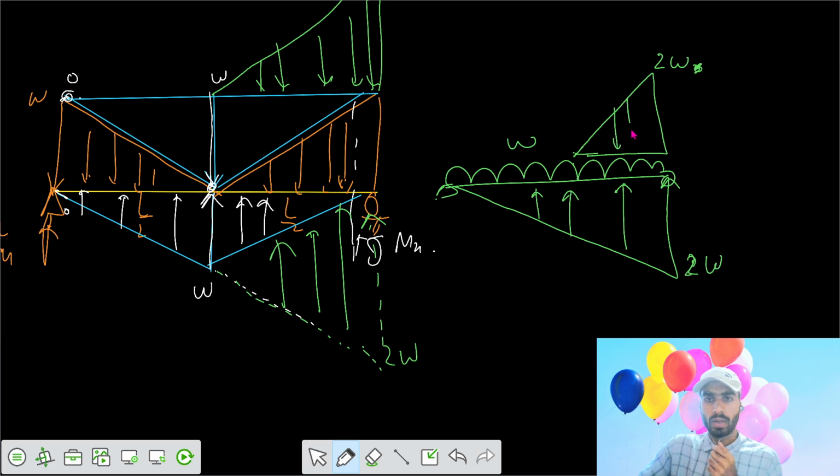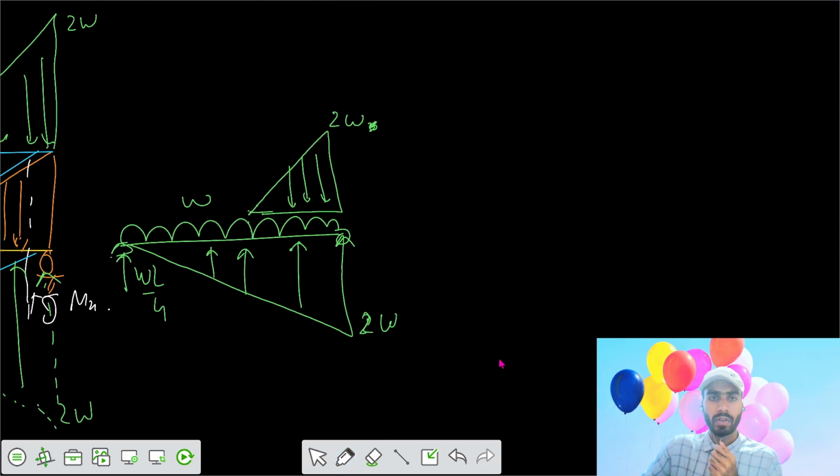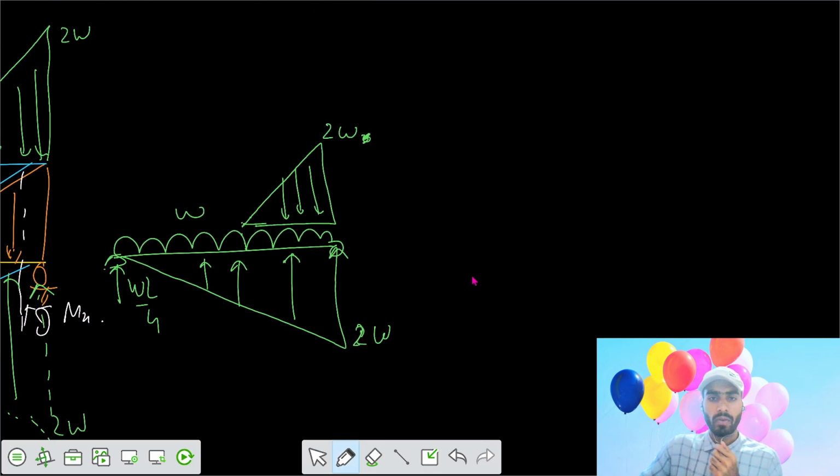The UDL is also downwards. The reaction we know equals WL by 4. So when we cut the section at x, we can write the moment equation as WL by 4 minus Wx squared by 2.